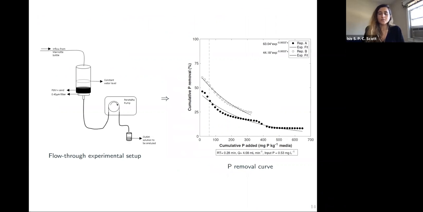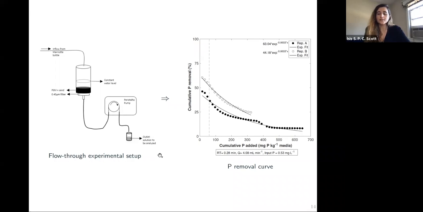So we developed a flow-through setup in which we had a constant inflow of phosphorus from a Mariotte bottle. In this research, we are using 0.5 milligrams per liter of phosphorus. And this inflow would be in contact with the PSM that is inside here in this flow-through cell for a certain amount of time that we pre-established based on the flow rate.